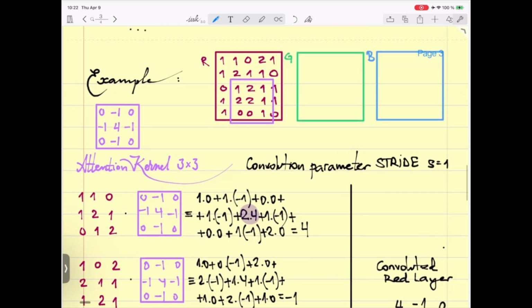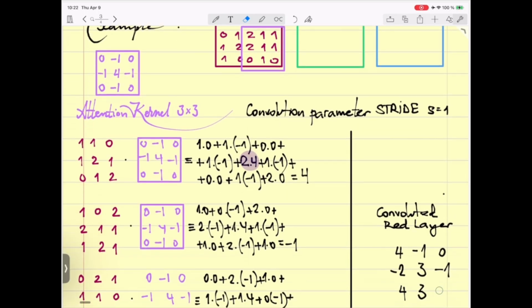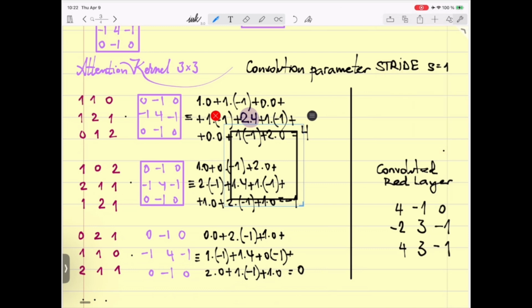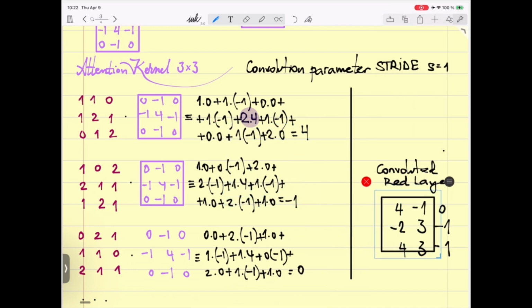And the last one is minus 1, minus 2 is minus 3, plus 4 is 1, minus 1 is 0, minus 1 is minus 1. Okay. Good. So, are we cool?